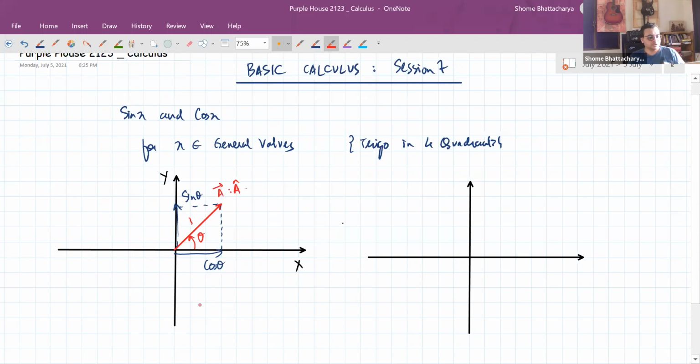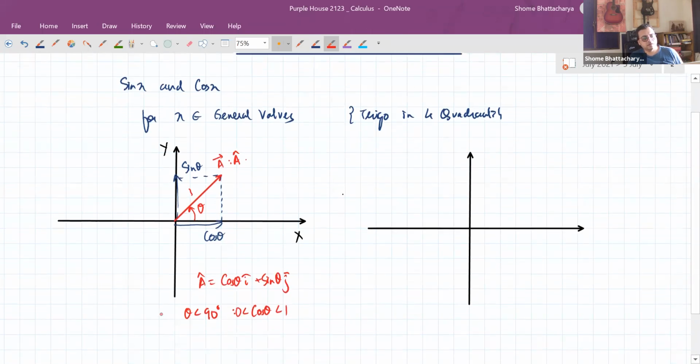This A cap is cos theta i cap plus sine theta j cap, where you can see that if theta is acute, less than 90 degrees, then cos theta is between 0 and 1, and sine theta is also between 0 and 1.